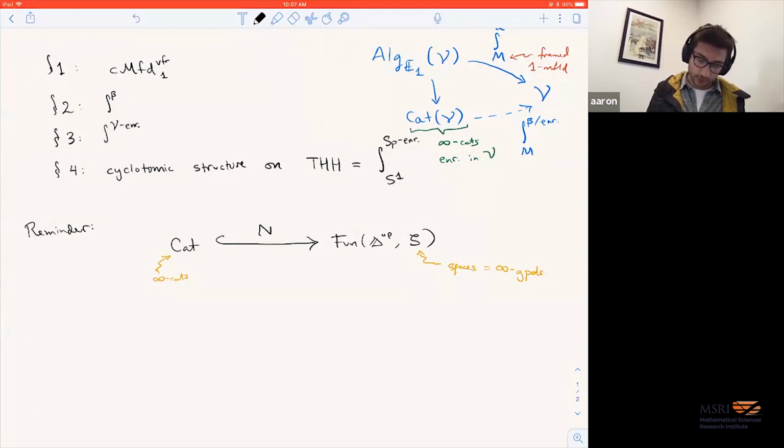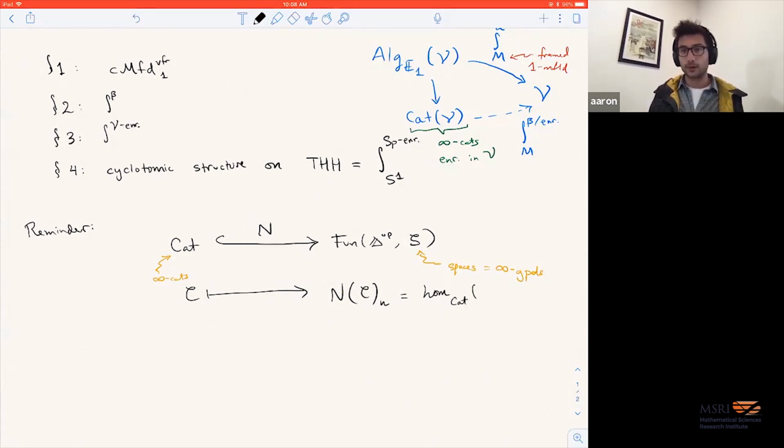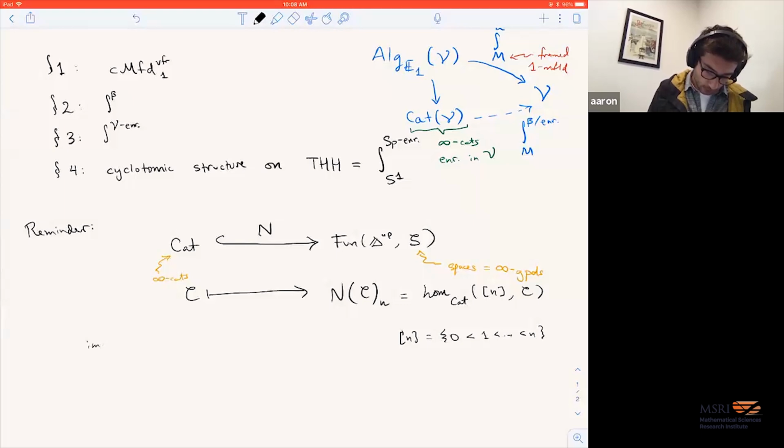So this takes an infinity category C to some simplicial space denoted N of C, and its nth level is some space. And what space is it? It's the space of Homs of infinity categories, so functors of infinity categories between brackets n and C. So brackets n here is just the following poset. And so it's the space of n composable morphisms. And what I want to remind you is that the image satisfies what's called the Segal condition.